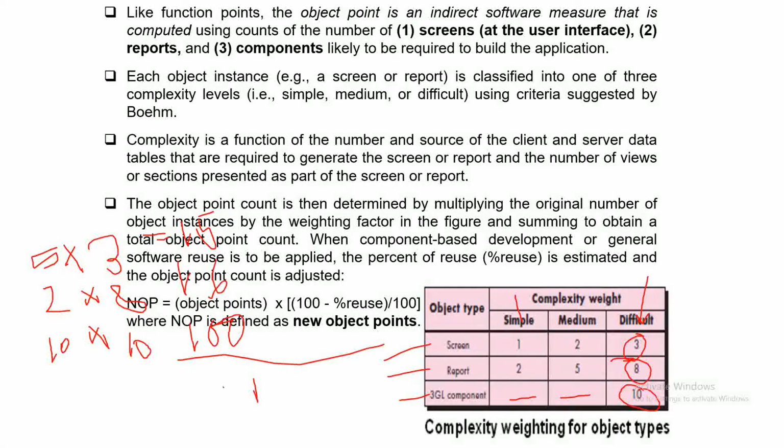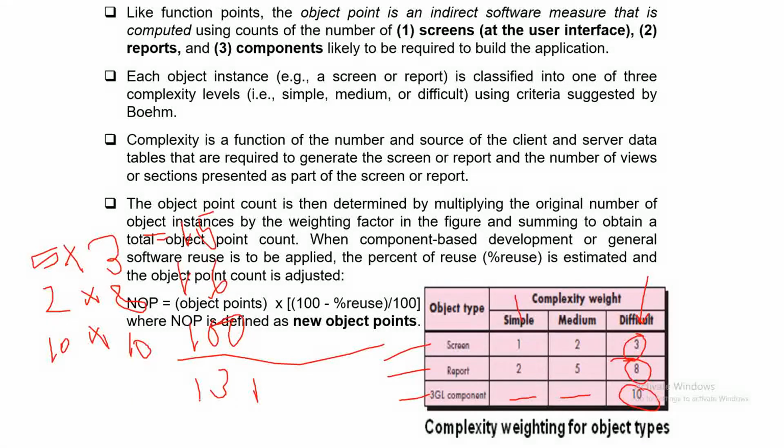131. Now 131 is your object point. You have derived an object point value. Did everyone understand up to here? The first step of this COCOMO II model is to derive an object point.